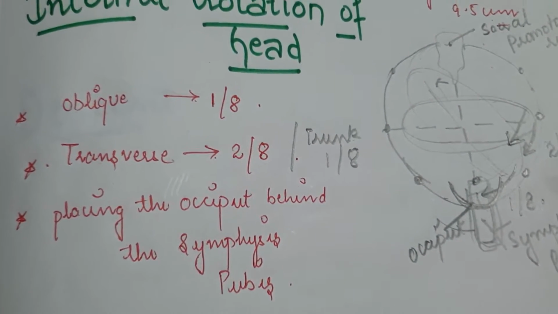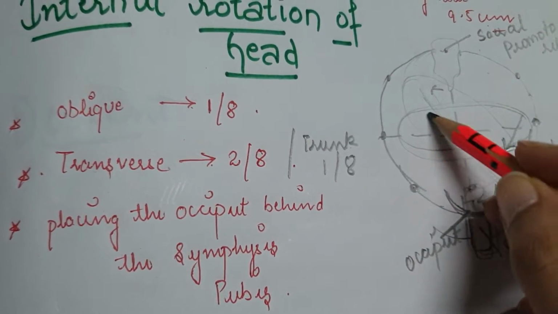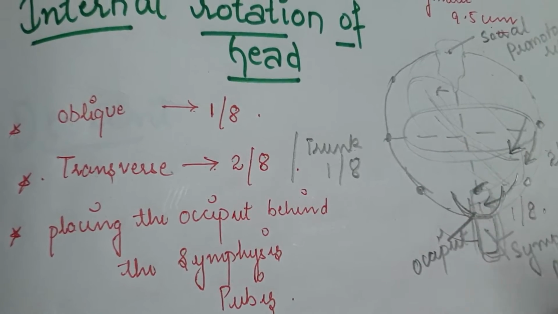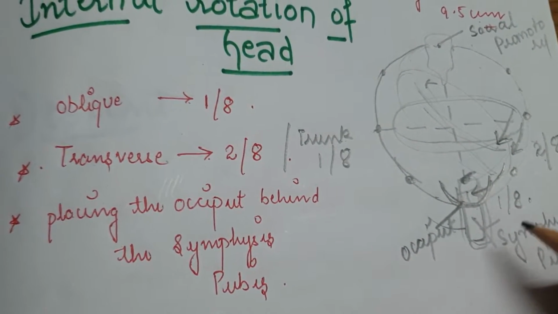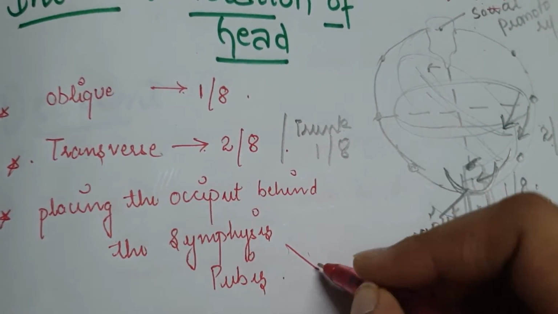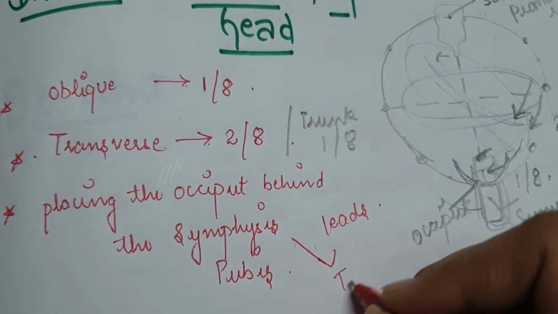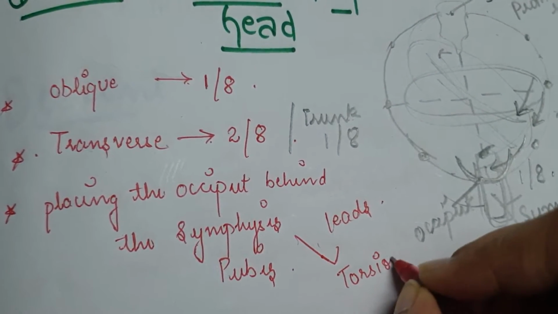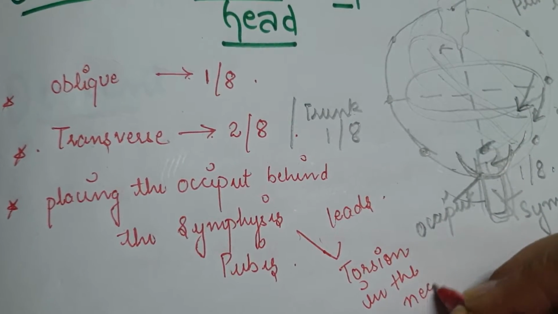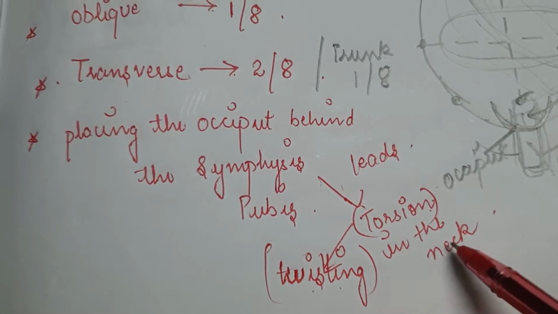Okay, so the body lies in the oblique lie, while the occiput comes behind the symphysis pubis. It leads to torsion in the neck. The meaning of torsion is twisting in the neck.